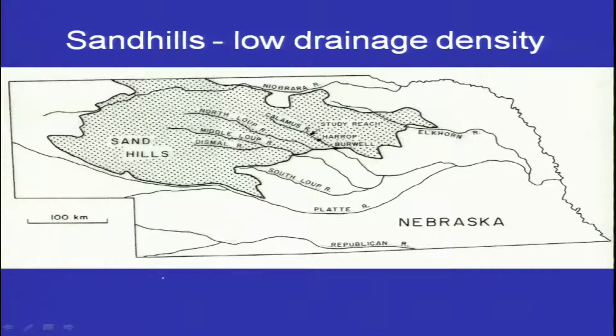Sandy hills are again porous, loose material, so the water coming onto the surface gets percolated down faster and you will not see much drainage development. This shows that this area has coarser drainage and very low drainage density.